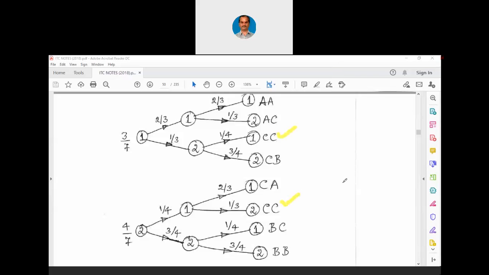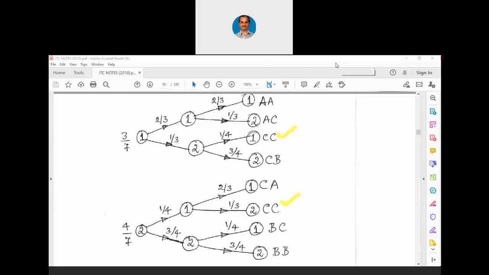AA is not commonly occurring anywhere. So when we calculate G2 for CC, we can simply add these two. 2 by 3, 1 by 3, 1 by 4, 1 by 3 in our calculations. Otherwise all others are individually occurring sequences that way. Only CC is occurring twice. Other sequences are occurring only once. That is corresponding to G2.